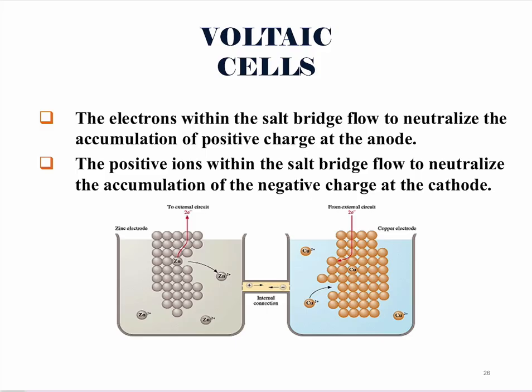Right, on the zinc side, we have zinc ions that are constantly being taken from the anode, and on this side we have copper ions that keep being deposited at the cathode. Why might you want an electrode that isn't made up of the material for the redox reaction? What can you see specifically happening on this side?